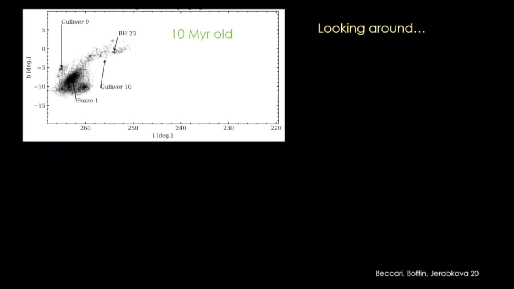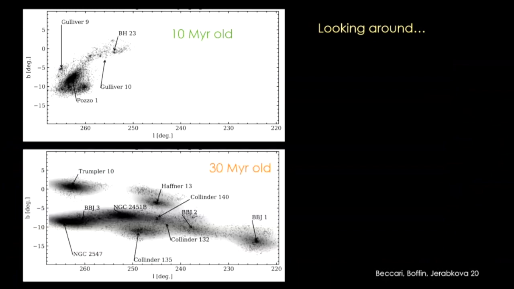And so we found that this was very interesting. But then we applied, again, this clustering algorithm and looked for all the populations. And what we found is that looking around, we can indeed identify a set of stars which are all 10 million years old and which share similar proper motions. And we then find a major set of clusters which are 30 million years old and which are connected by loose stars in the whole region.